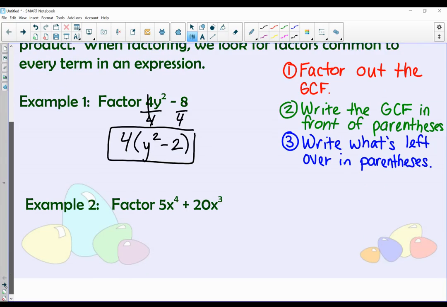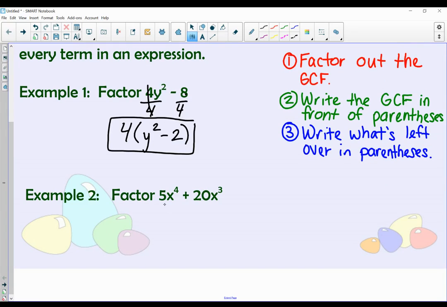Next example. So we want to look at this one again and we want to say what is the greatest common factor? Remember, that means I'm looking for a number and possibly a variable. If you look at example 1, we only had a number in common, but this example is a little different. So hopefully you can determine that the greatest common number here is 5. 5 and 20 both have 5 in common.